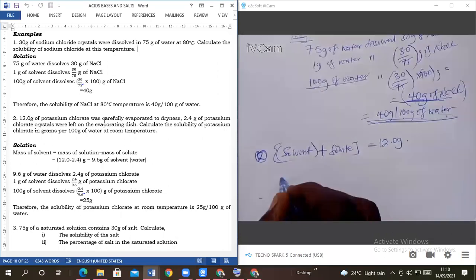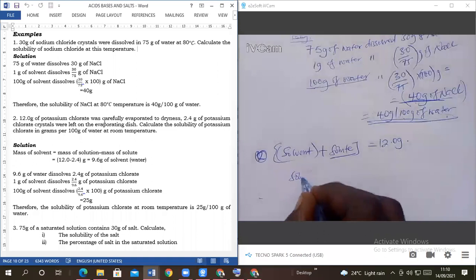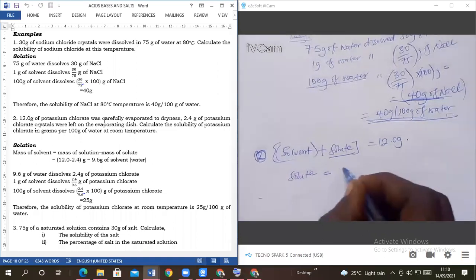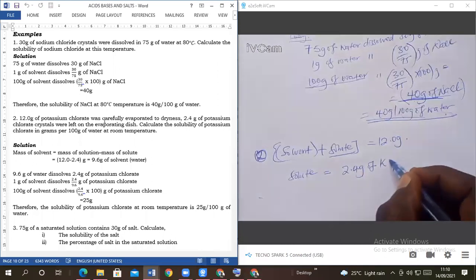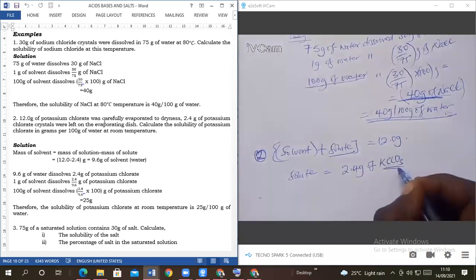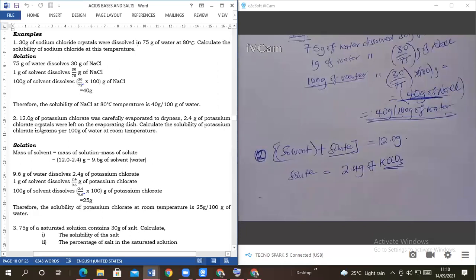But now they have given us our solute. What is the solute? It is 2.4 grams of potassium chlorate, left on the evaporating dish. Calculate the solubility of potassium chlorate in 100 grams of water at room temperature.